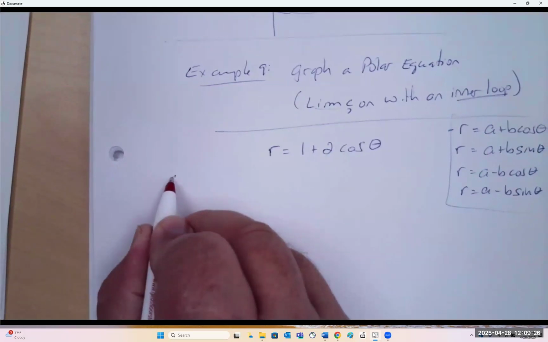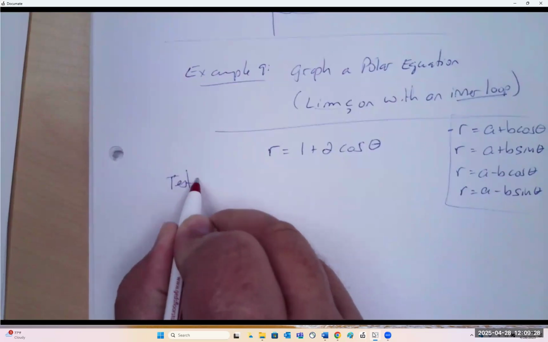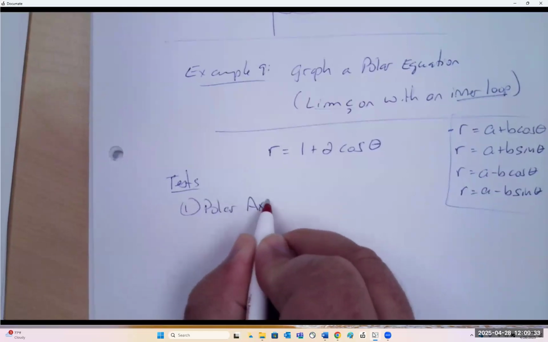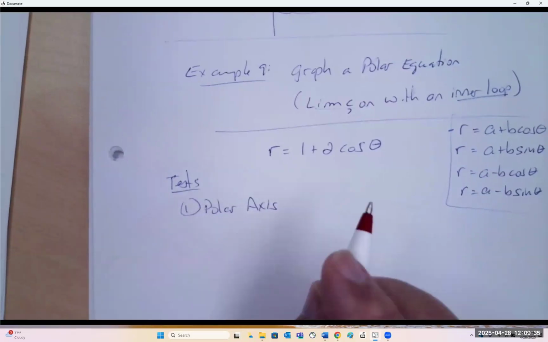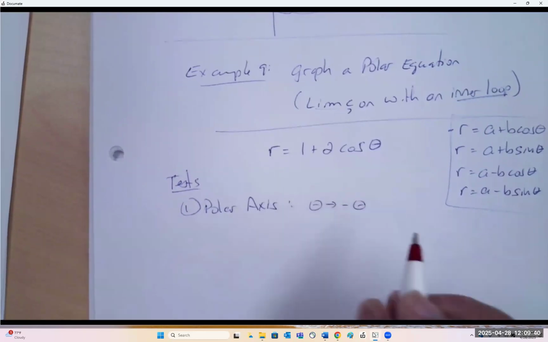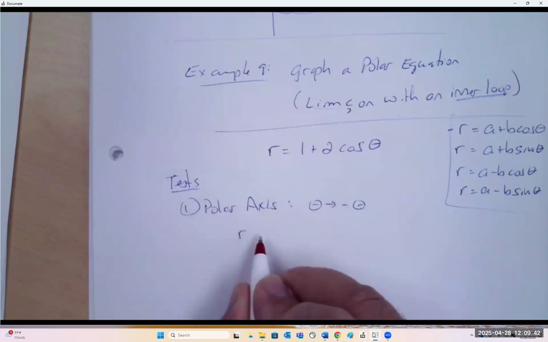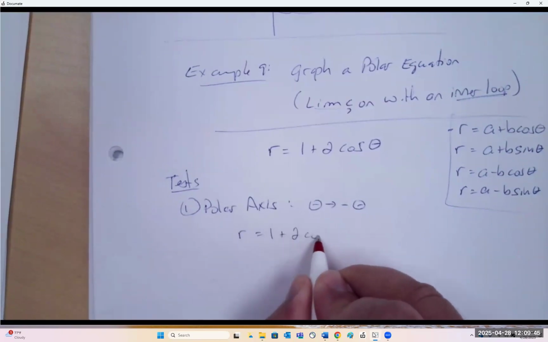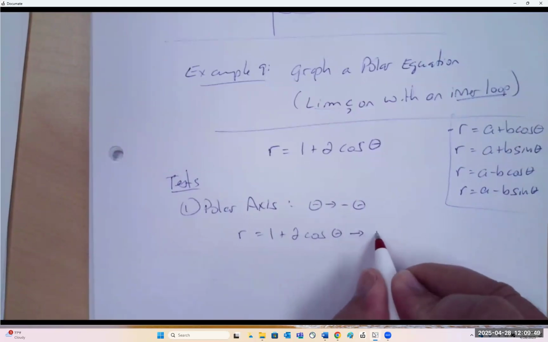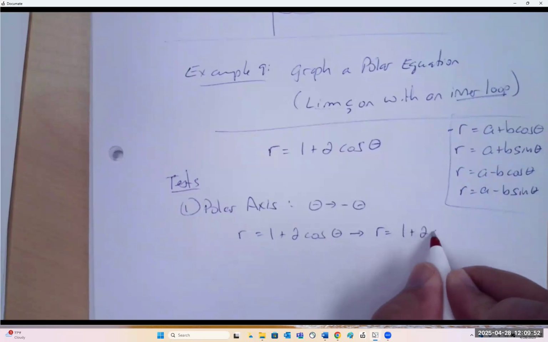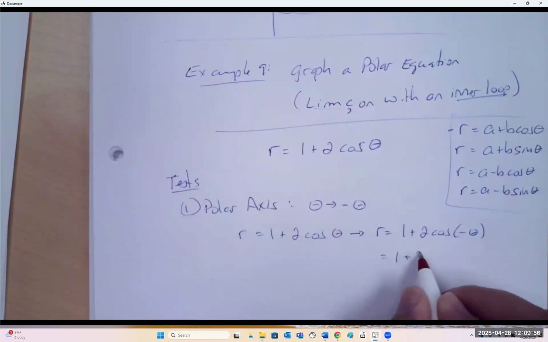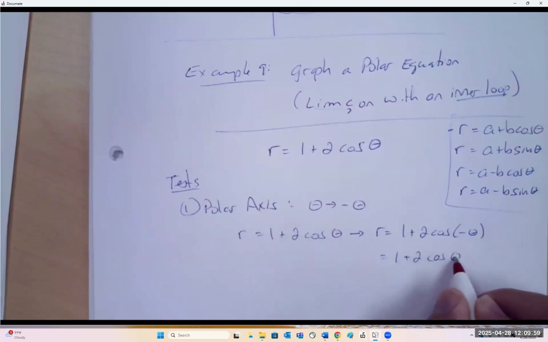Okay. Tests. Polar axis. Cosine theta. r equals 1 plus 2 cosine negative theta, because cosine is an even function.